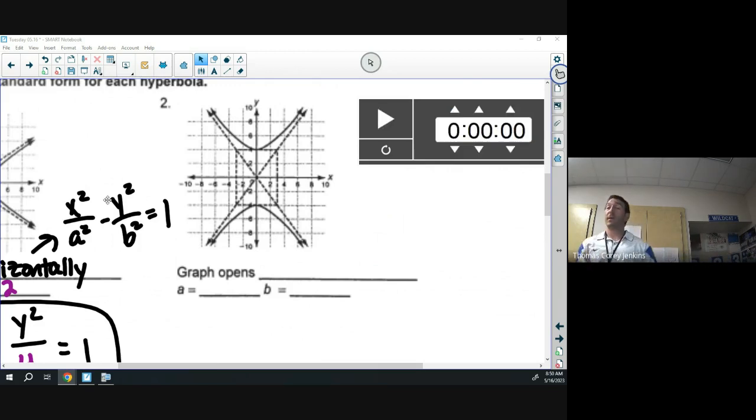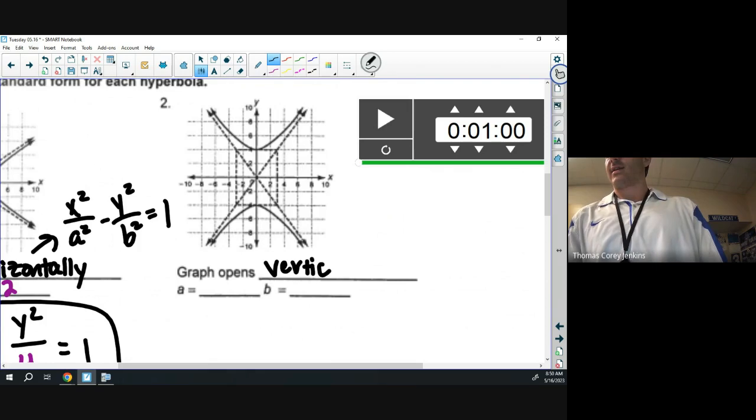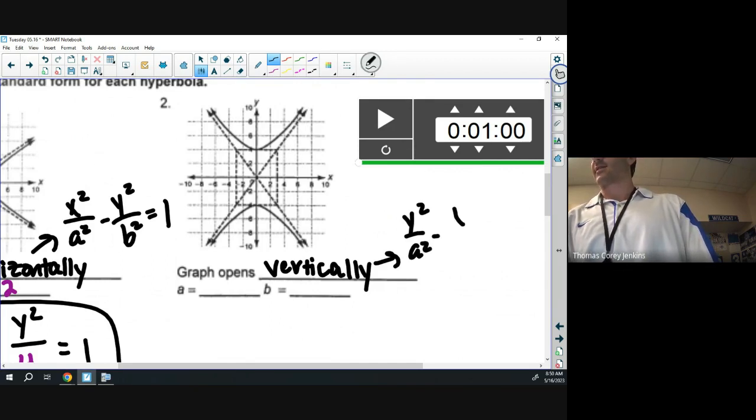All right, so visually looking at this, I can see that these have a vertical opening, so it opens vertically, which helps me to find my form, which would be y first. So y squared over a squared minus x squared over b squared equals 1.